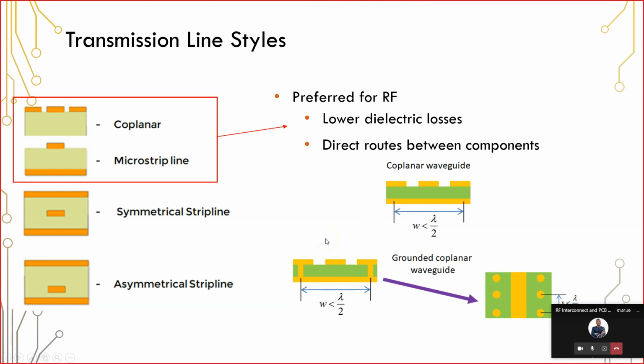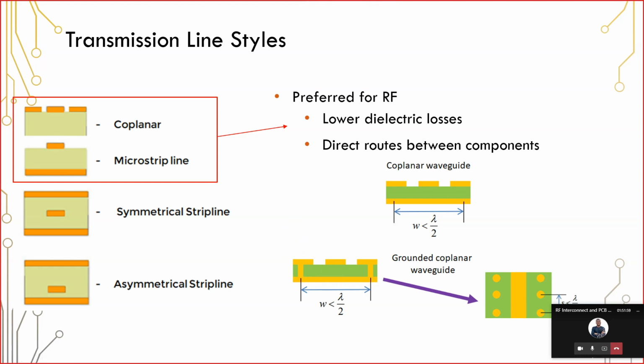Now, again, with coplanar waveguide design, there is this guideline that says whatever your signal wavelength is in this structure, the width needs to be less than that. So essentially, if you draw out a portion of the wavelength, it spans larger than the size of this cavity. You can probably guess why that is.